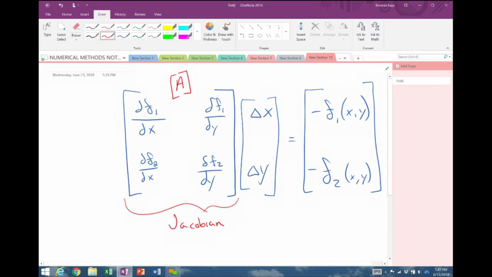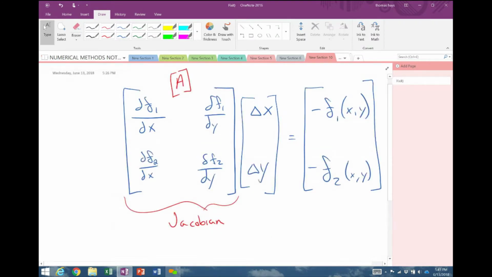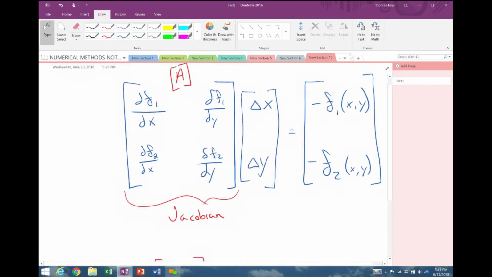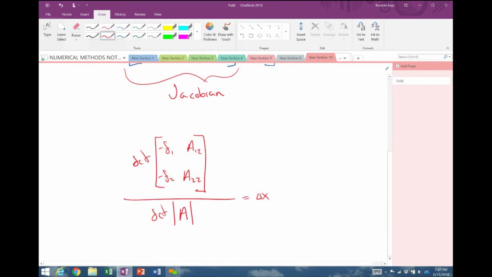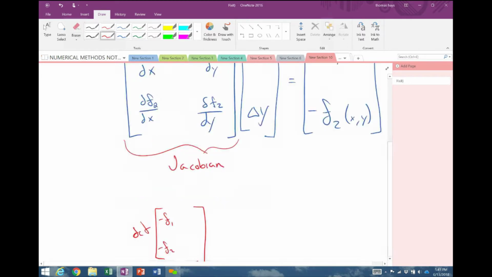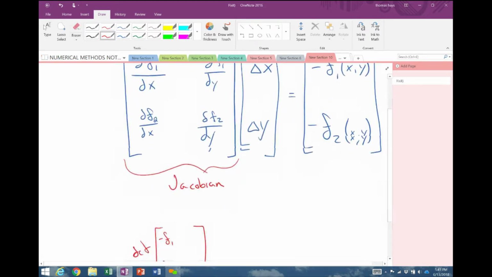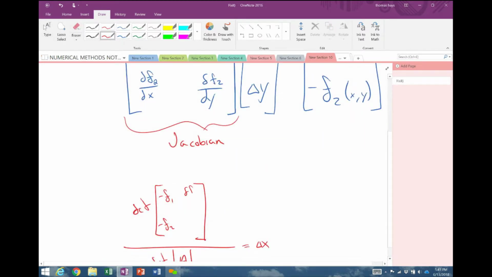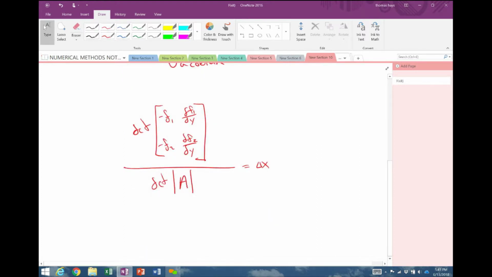It's also known as the Jacobian only because it's a matrix of all of the partial derivatives. The determinant of the Jacobian is what's happening down there on the bottom. Up top is a modified matrix where instead of just A12, if you want a more explicit definition, that'd be del f1 del y, del f2 del y. That gives you the solution for x.